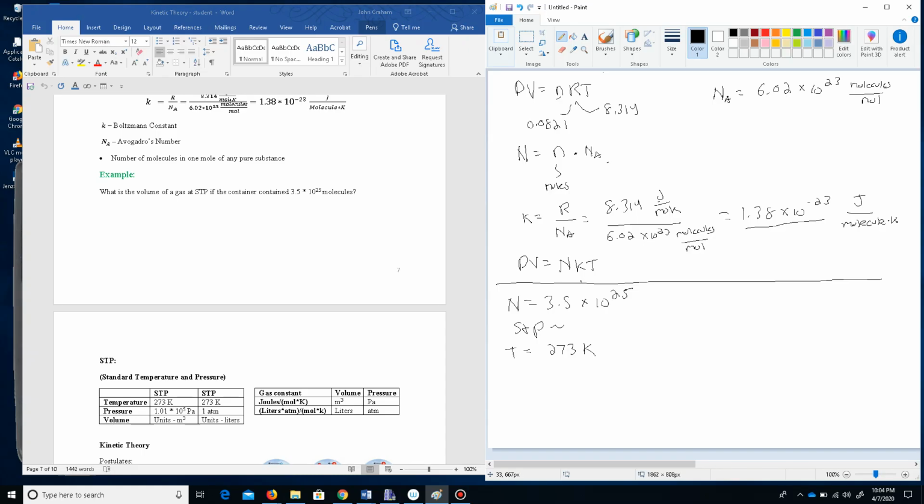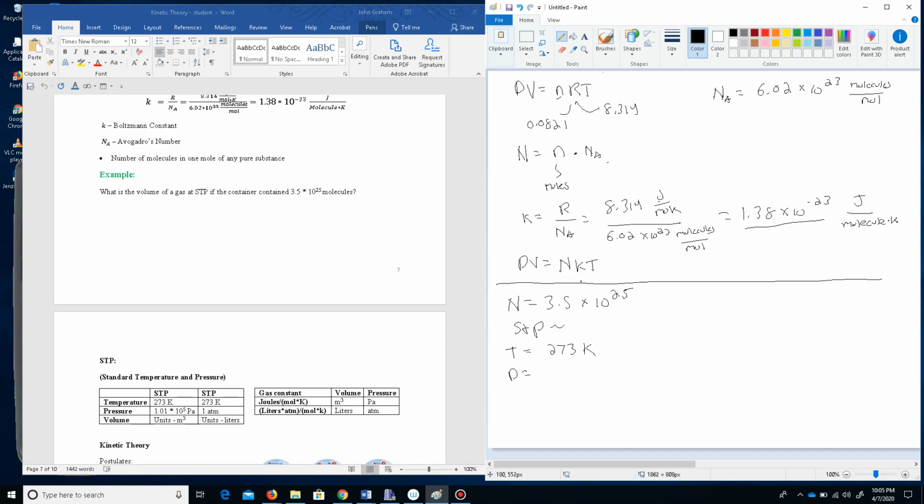For pressure, your pressure is going to be either 1.01 times 10 to the 5th pascals, or it would be 1 atm. So you have two different pressures depending on your units, but this is the pressure you will use for standard pressure and temperature.